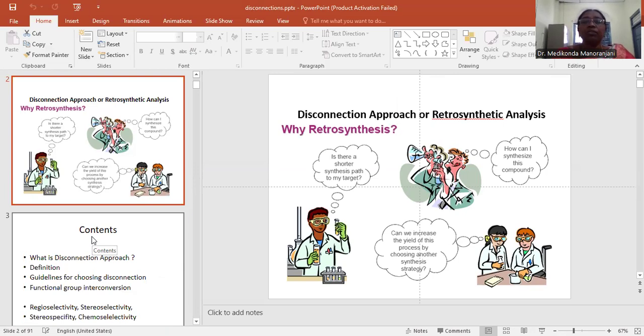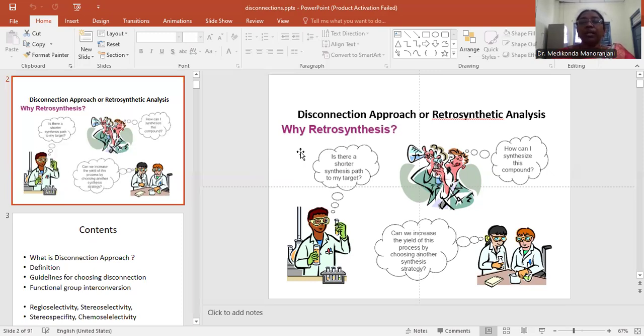If we don't know the synthesis of an unknown compound, we break it into small parts, go to the smallest part, and start the synthesis from it. Since we are breaking it into small particles and starting from the simplest one, this is called retrosynthetic analysis or retrosynthetic approach.